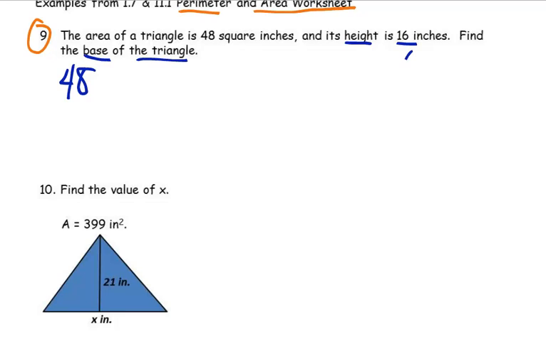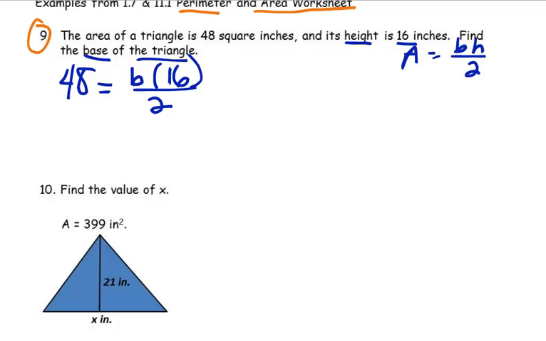So remember, I'll write it over here, area equals base times height divided by 2. Here's my area, 48. Plug in what you know, base times height. I don't know the base, that's what I'm looking for, so let's leave it as base times the height, which is 16, and we're going to divide by 2.